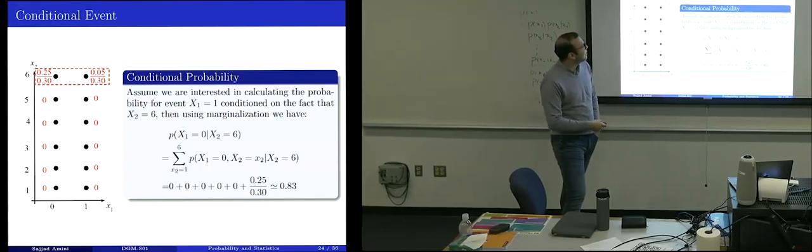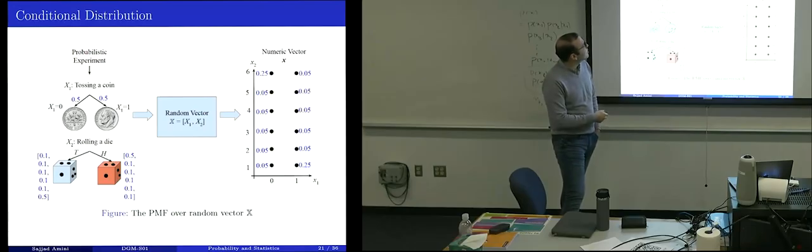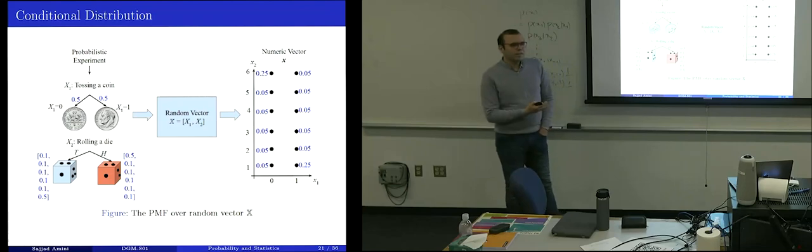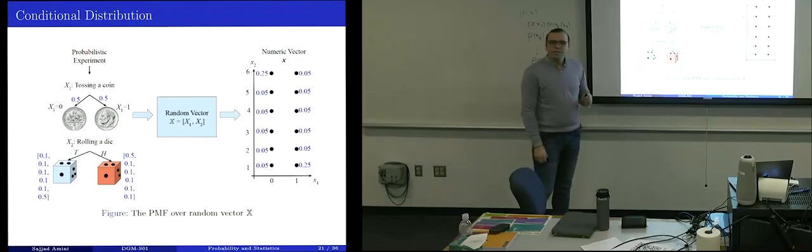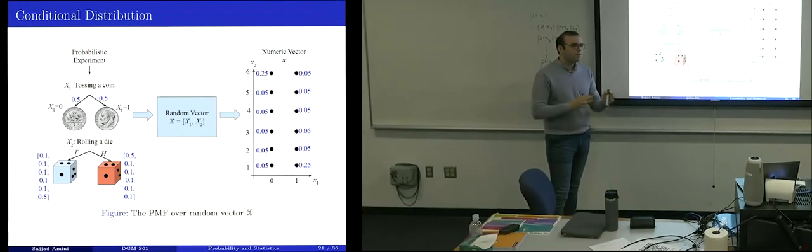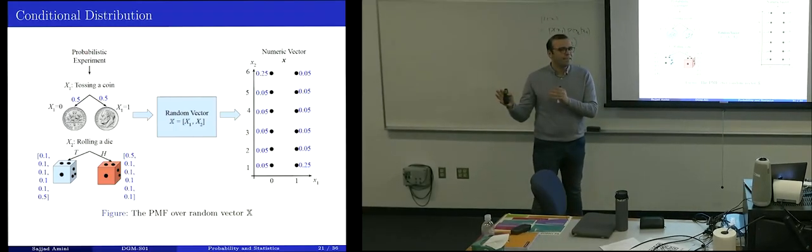What do you think? Based on this experiment, how do you justify the update in the probability of tail? Why does the probability of tail increase from 0.5 to 0.83?